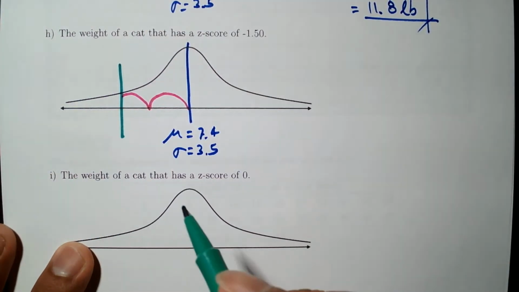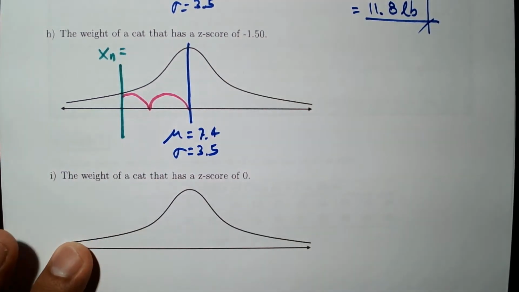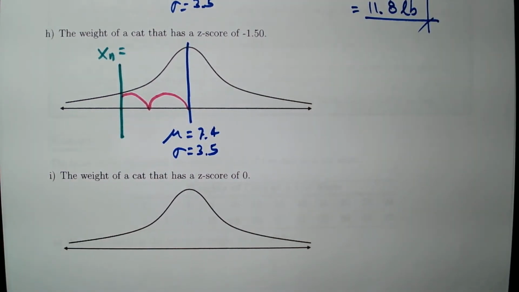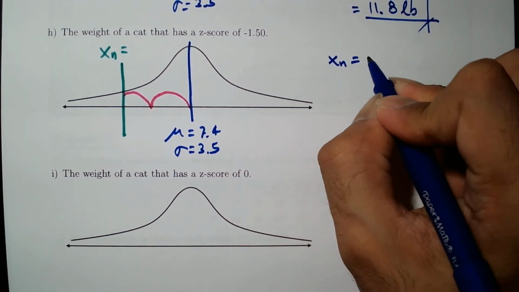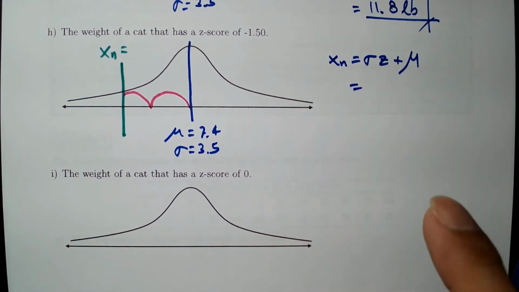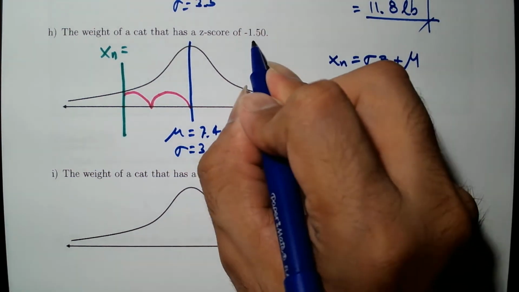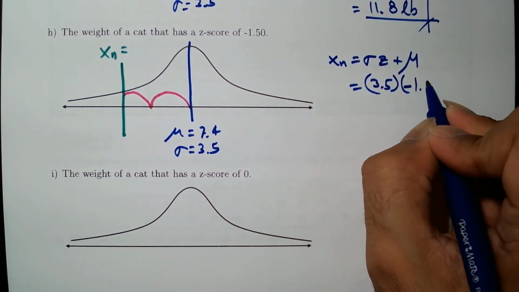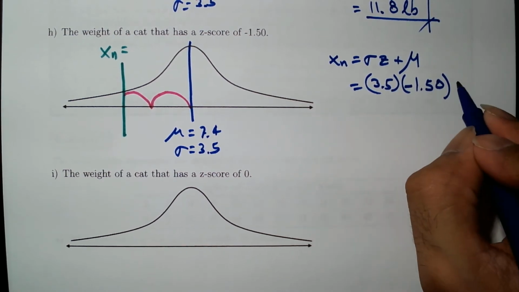All right, so x_n, let's find out what that is. So we're going to use the formula. I'm not going to solve every time. Sigma z plus mu. So in this case, this will be 3.5 times the z-score, which is negative 1.50. Here the sign matters, be careful, plus the mean, which is 7.4.